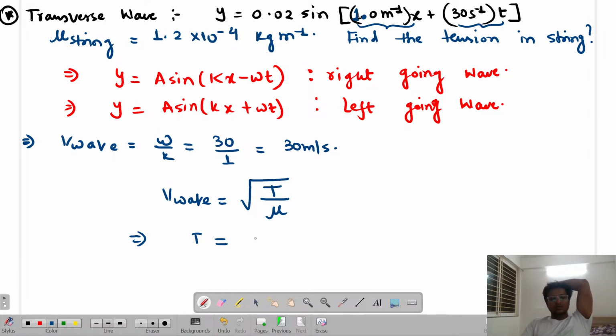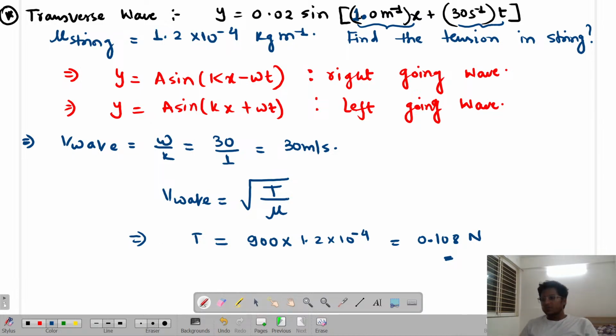So v square is 900, which is 1.2 into 10 to the power of minus 4 times it. If you calculate it, I think it comes to 108. Because if I just send the square root over there, it will become a square.